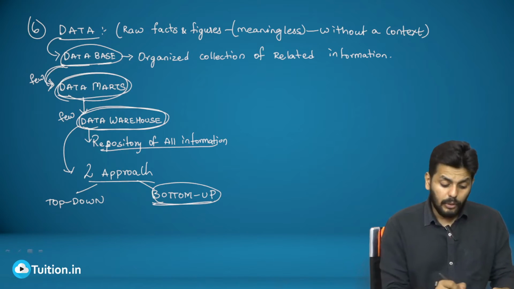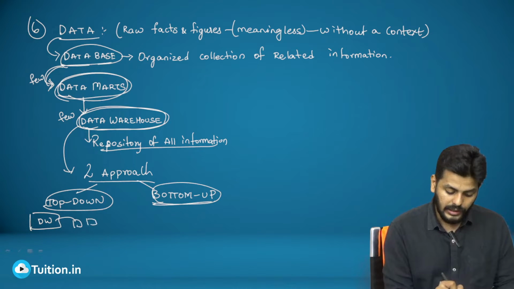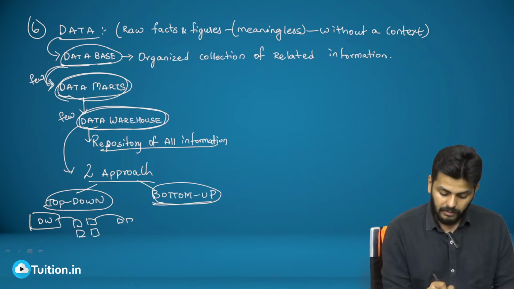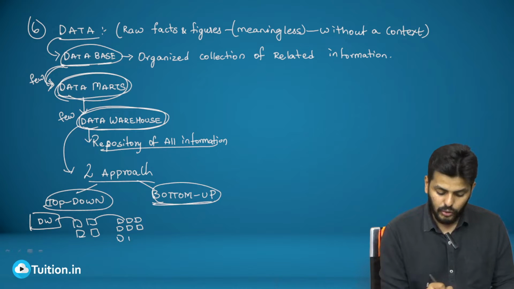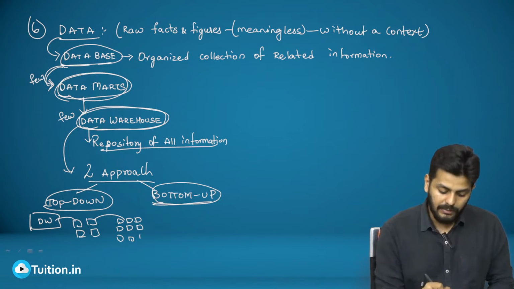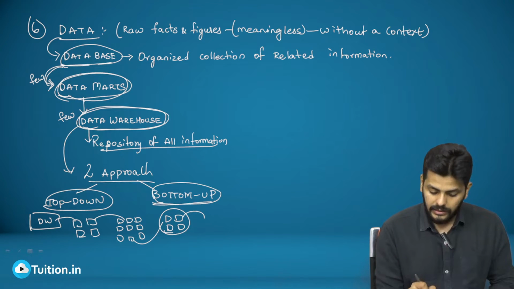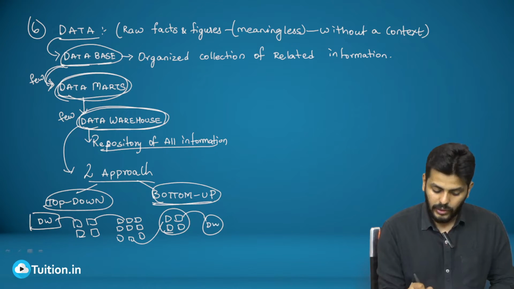In top-down approach, it is the opposite. First, we construct the entire data warehouse, break down the data warehouse into some data marts. From these data marts, you make much smaller databases. This is all to do with the top-down approach. In bottom-up approach, first we make these, then convert them into a few smaller data marts, and then this entire data mart is converted into one big data warehouse.